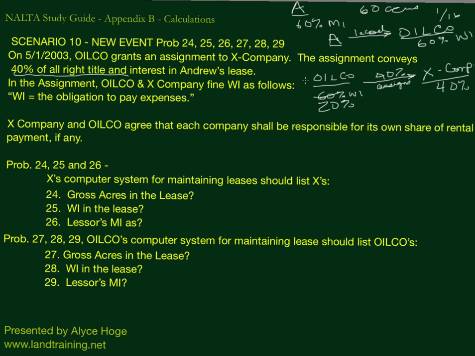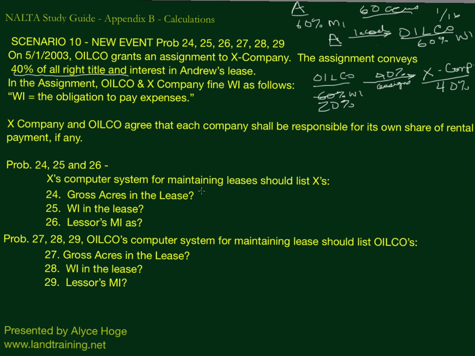So let's look at problems 24, 25, and 26. These three problems all relate to what should be in X's computer system for maintaining the lease. How should that computer system list X's, first of all, gross acres in the lease? Well, the gross acres in the lease really doesn't change. It was 60 acres.